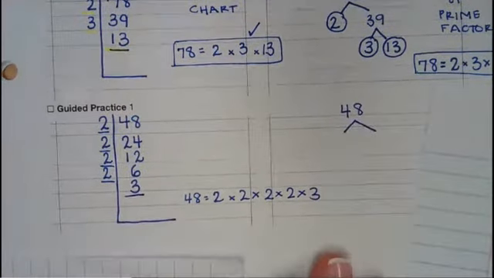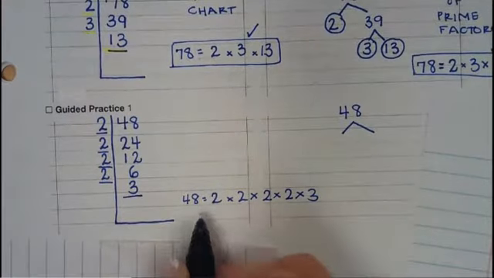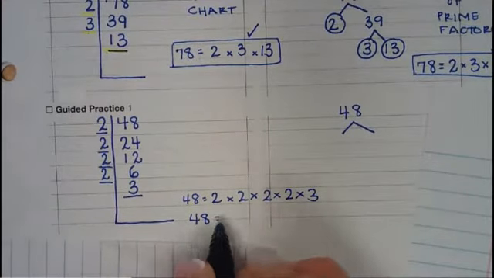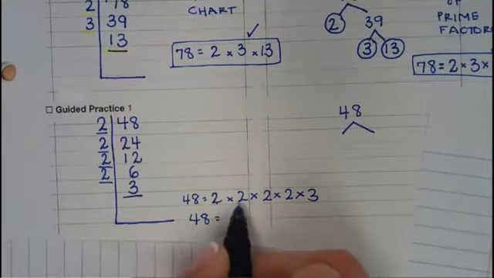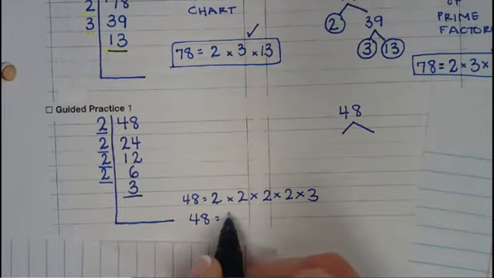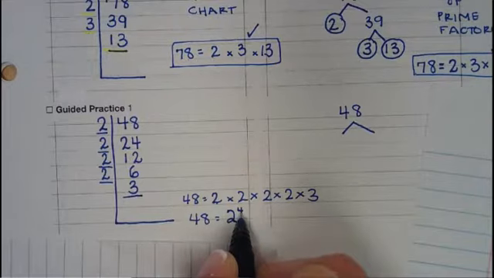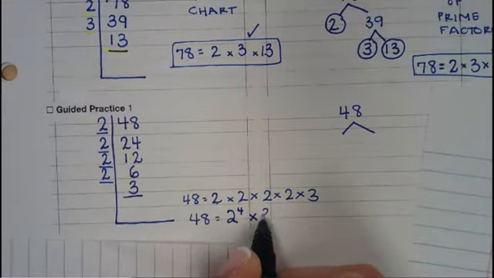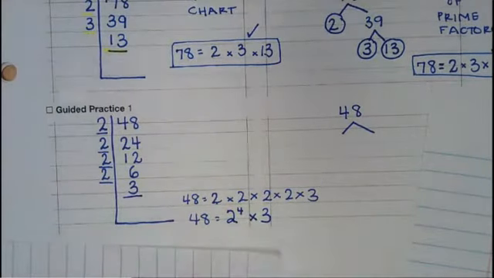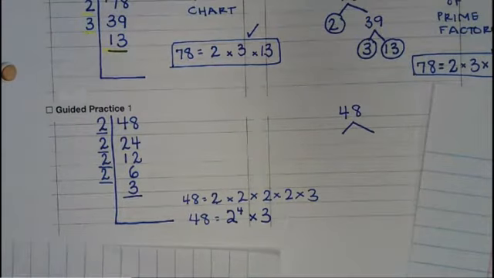Now, some of you that know exponents, I could write this as 48 is equal to, there's 4 different 2's, so it wouldn't be 8, but it would be 2 to the 4th power times 3. Either one is okay as long as you know how to solve that.